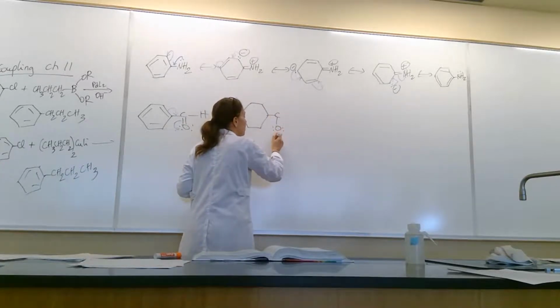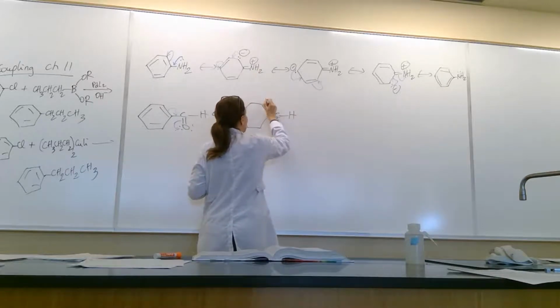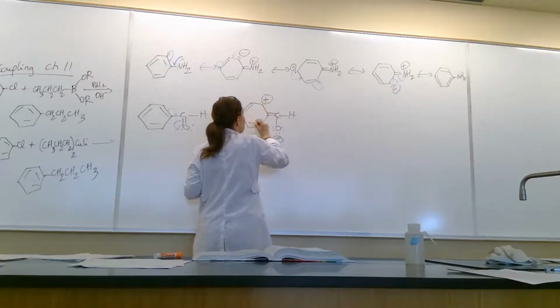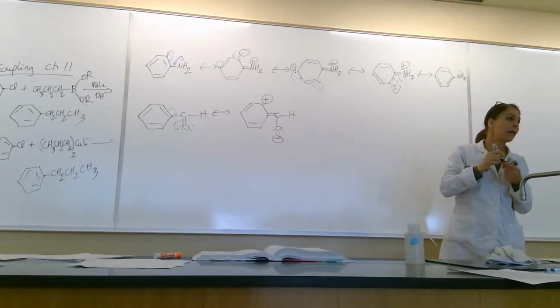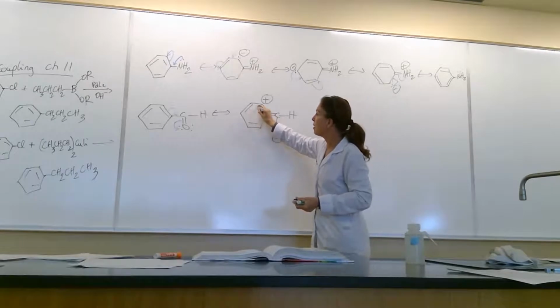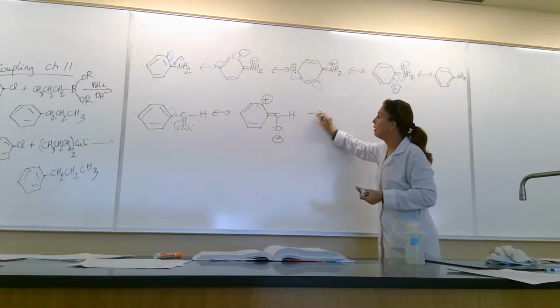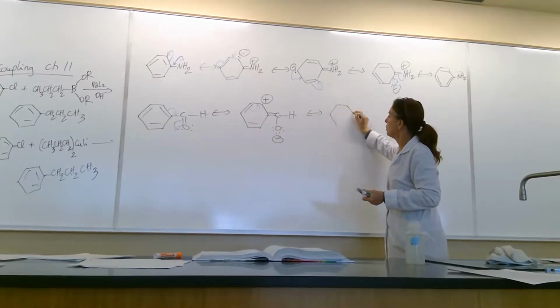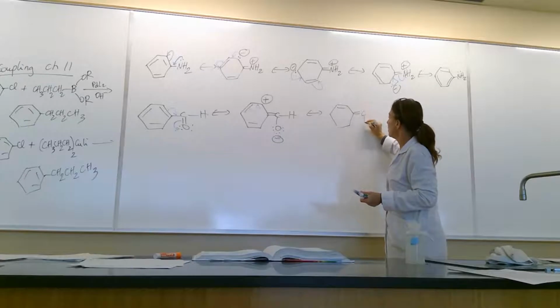O minus H. And then I have a double bond here, but now this is positive. Do you see? Then what's next? This comes here, and then we have a double bond here, double bond here.